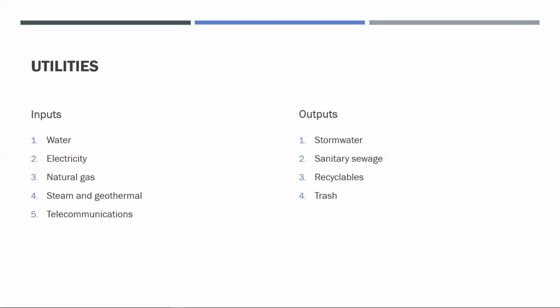As I mentioned before, things like climate data is available from the Bureau of Meteorological and geophysical activities. Utility maps you can get from the national power company, the power grid.